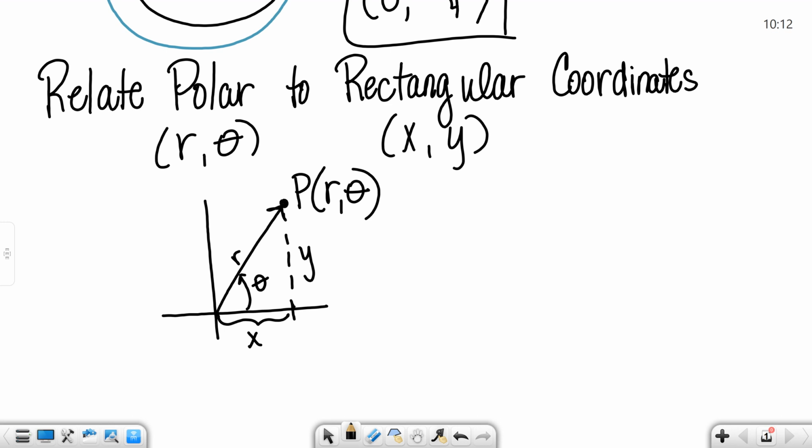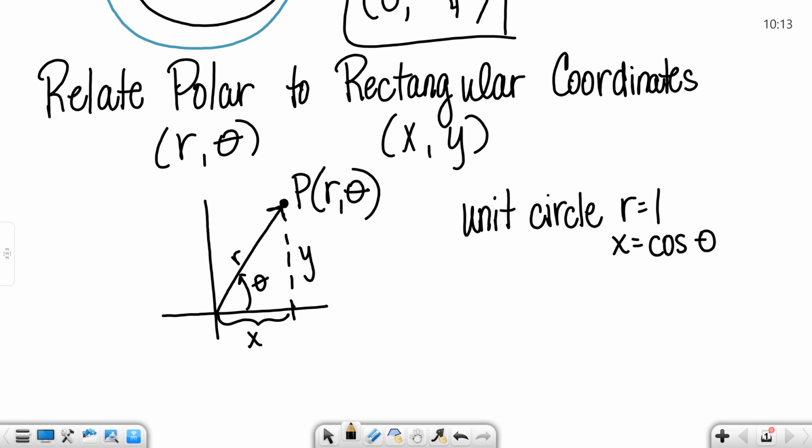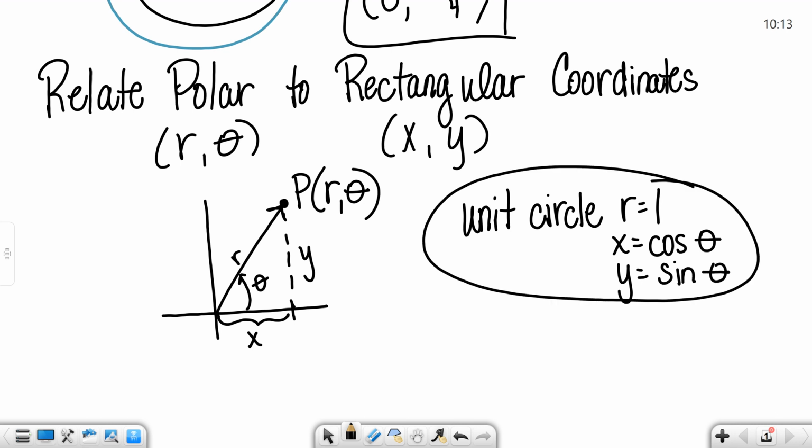On our unit circle, our r value was 1. And so on our unit circle, we said x was cosine theta, and we said y was sine theta. That's on the unit circle. Well, we are no longer on the unit circle, which means that our r value is not going to always be 1.